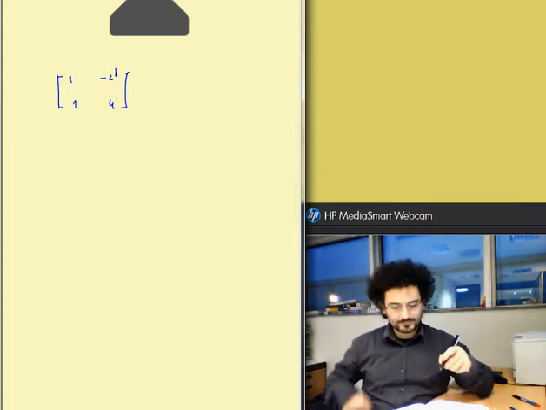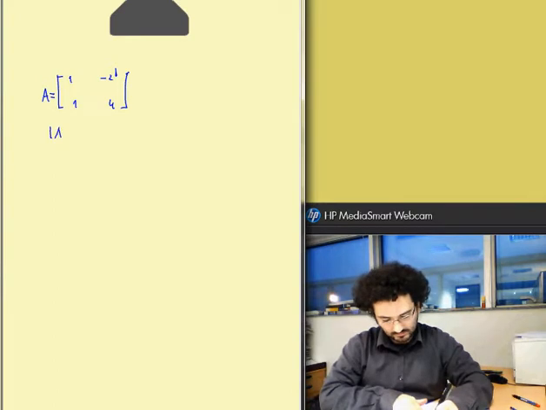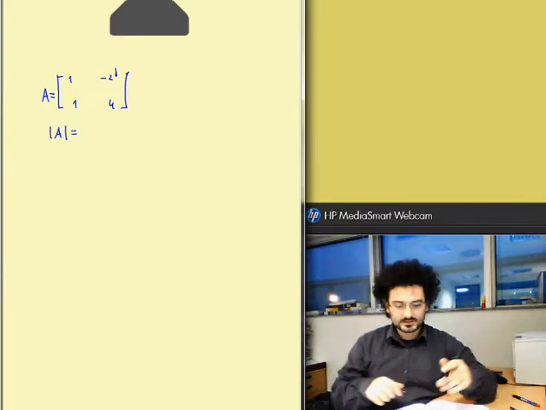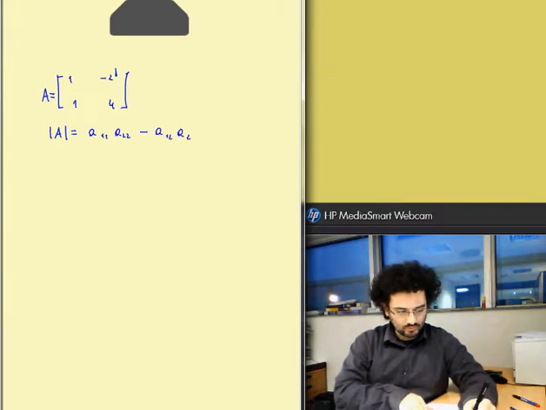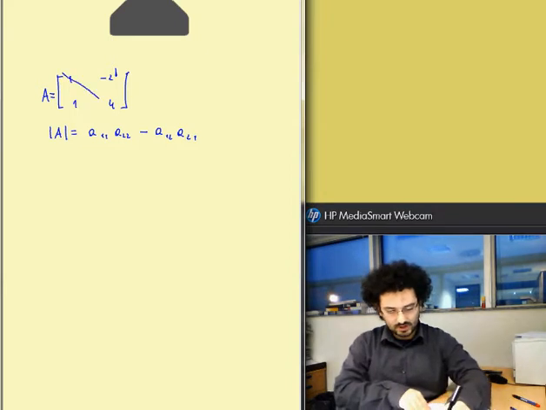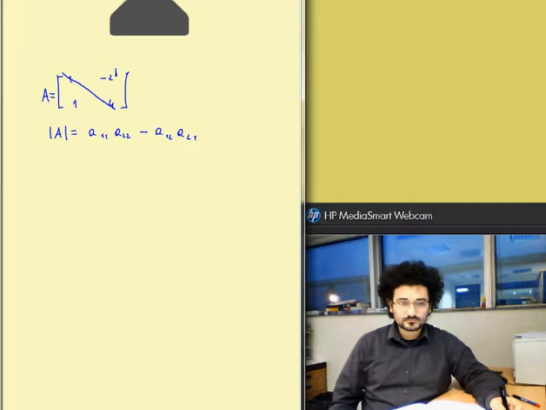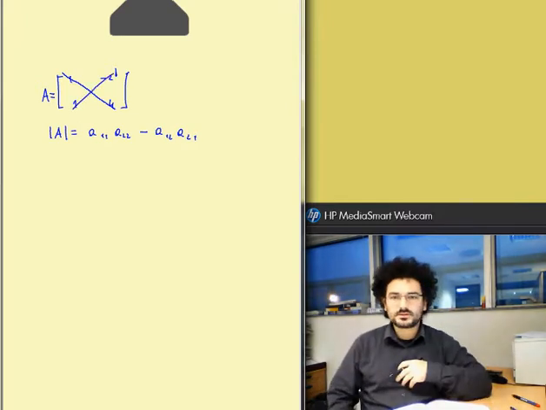If we call this matrix A, the determinant of matrix A, when we consider just a 2 by 2 matrix, we can apply the formula A11 A22 minus A12 A21, which means to consider the product of the elements along the main diagonal minus the product of the elements on the second diagonal.